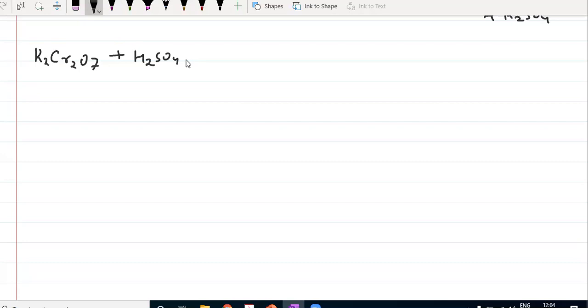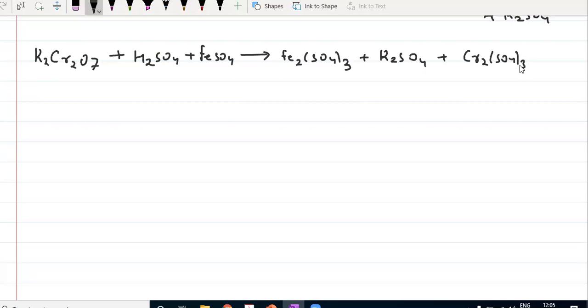K2Cr2O7 plus H2SO4 plus FeSO4 gives Fe2(SO4)3. It's almost the same reaction, plus K2SO4 plus Cr2(SO4)3 plus H2O. Now try to balance this, guys.